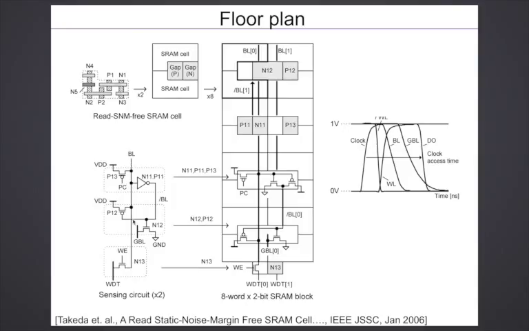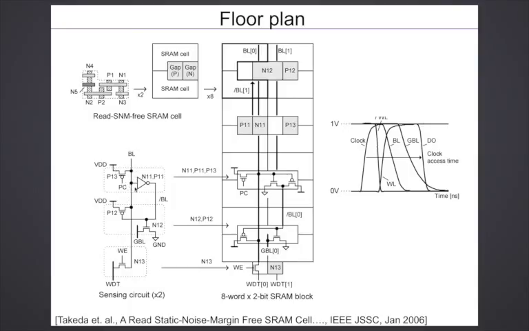So all the cells are shorted to the bit line, and then there is a pre-charge transistor here, P13, which pulls up the bit line to 1. So that pre-charge transistor is also inserted in the gap. So there are basically 1, 2, 3, 4 gaps, and you have space for embedding some transistors. So this pre-charge transistor is pushed into the gap.